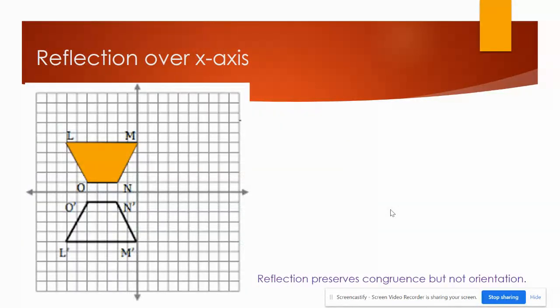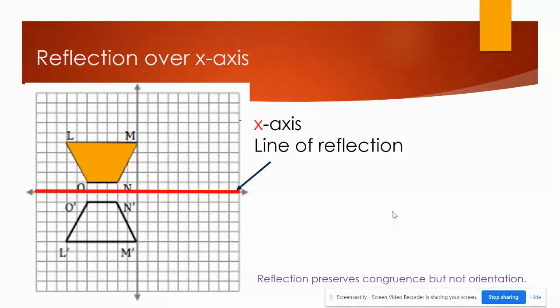Now let's take a closer look at some shapes that are going to be reflected over the x-axis. Here we have our figure, which is the original, and we're going to reflect over the x-axis. The x-axis serves as our line of reflection.